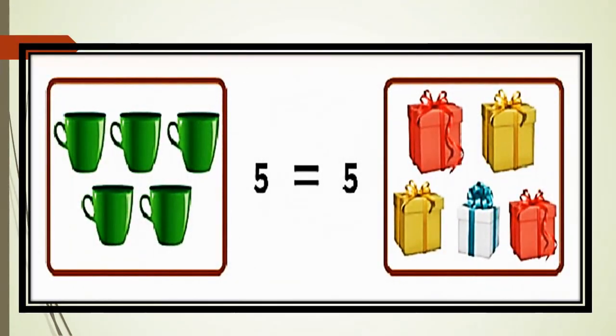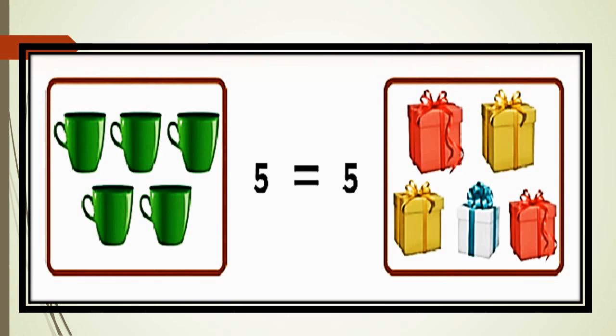Now look at these two groups. We can see one group of cups and other group of gift boxes. Let's count how many cups here. 1, 2, 3, 4, 5. Let's count how many gift boxes. 1, 2, 3, 4, 5.